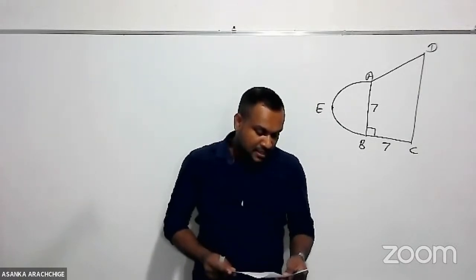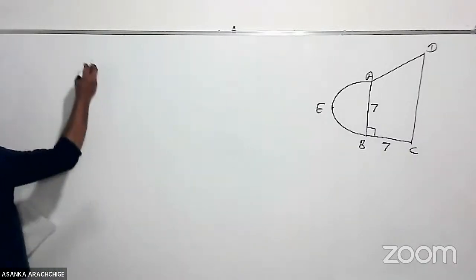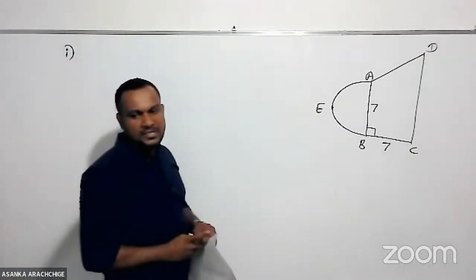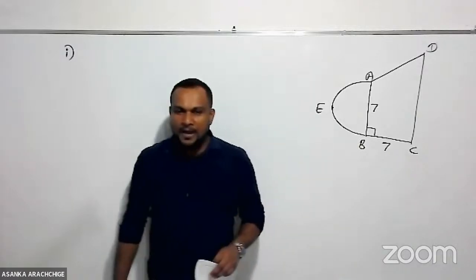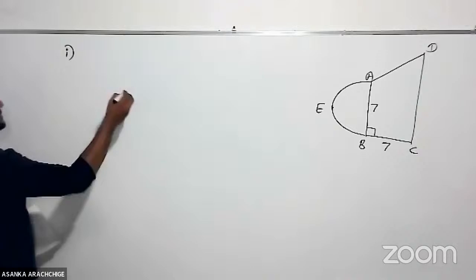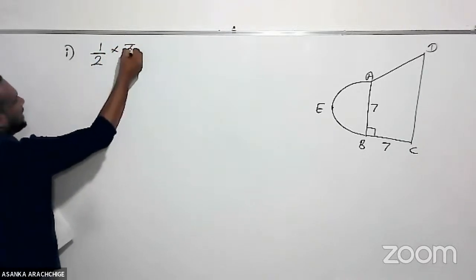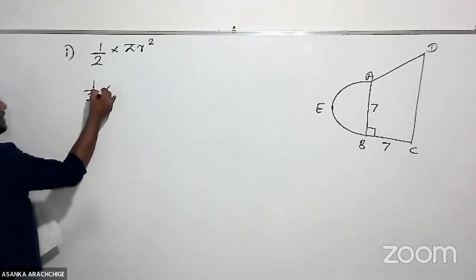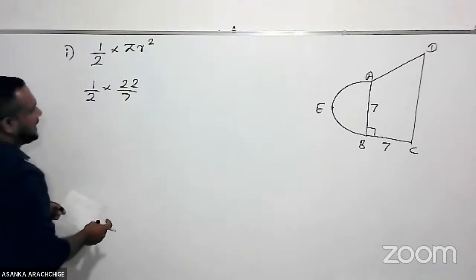Find the area of the semicircular part. Right. Tell me, what is the formula for the area of a circle of which the radius is r? Pi r square. Therefore, that must be half of pi r square. That means half of 22/7 pi.